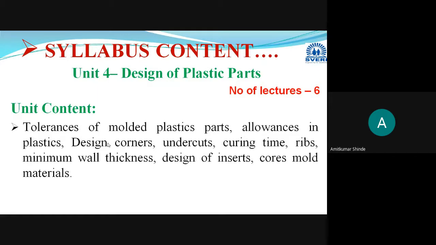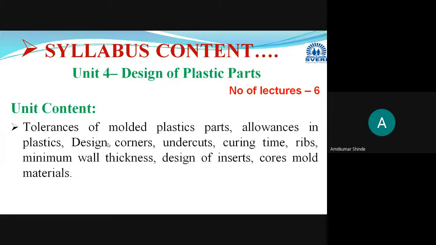Only one theoretical question will be there from these points. Maximum times they will ask you tolerance, allowance, or minimum wall thickness concept, and different kinds of the materials which we are using for the cores or molds.